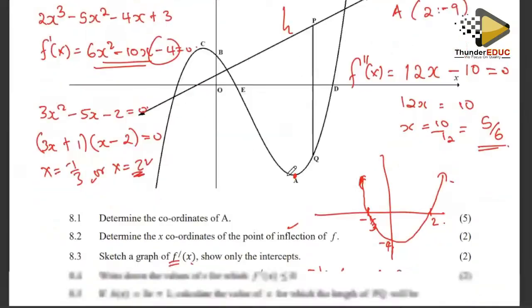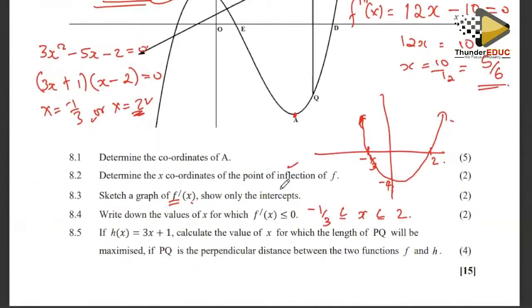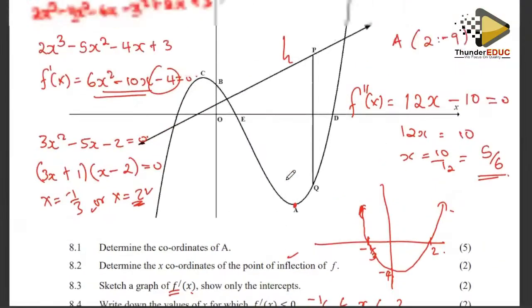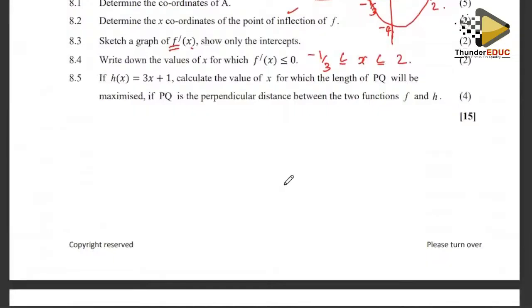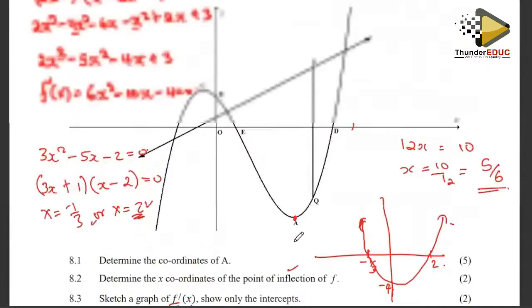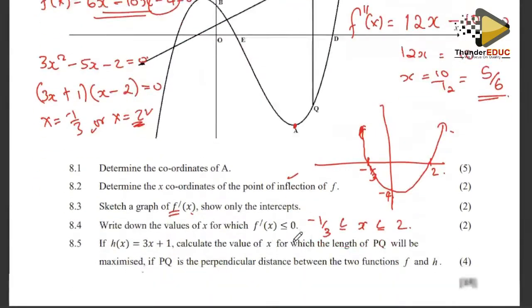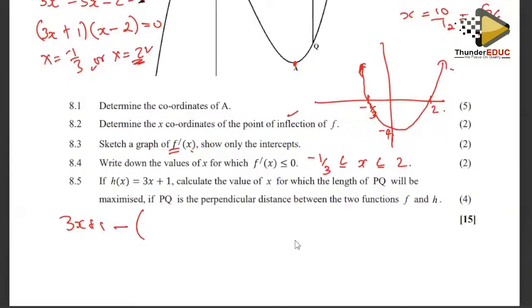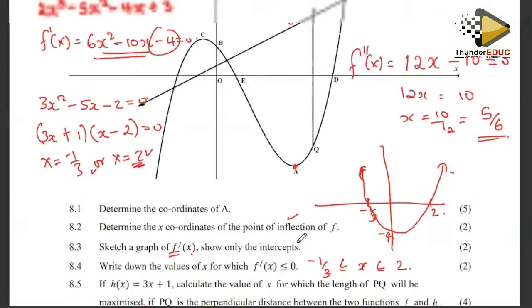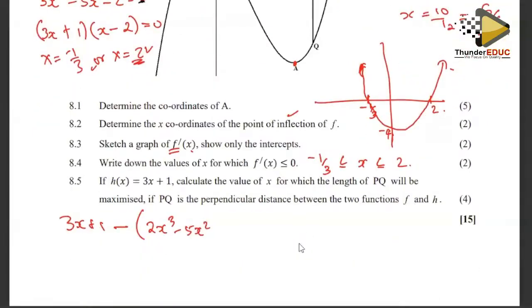Okay. So for us to get the distance between the two, remember, we need to start by subtracting. The graph that is above is the h, which means that's going to be the 3x plus 1 minus our quadratic, which is 2x cubed minus 5x squared minus 4x plus 3.